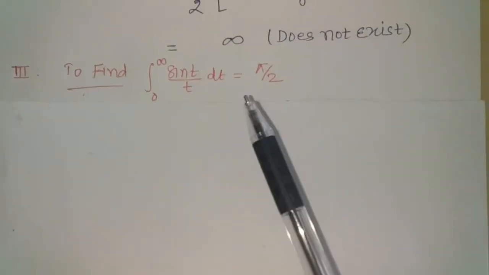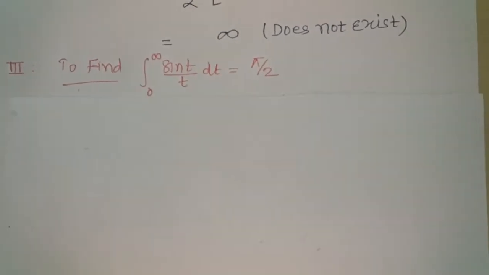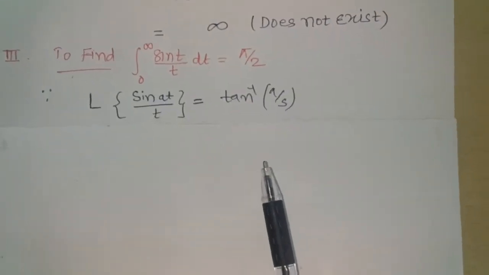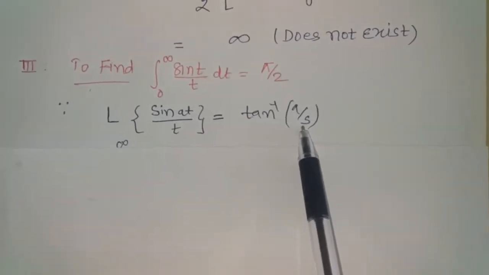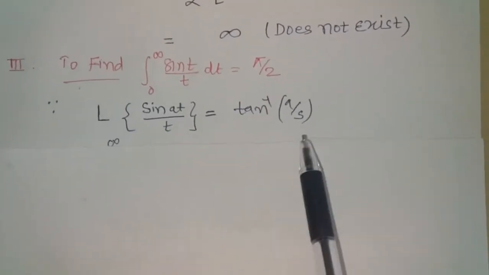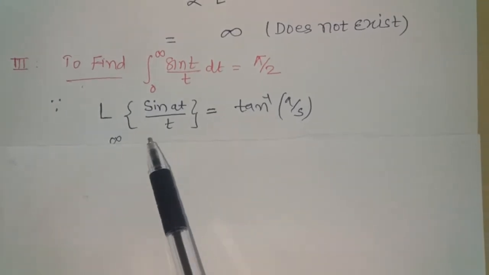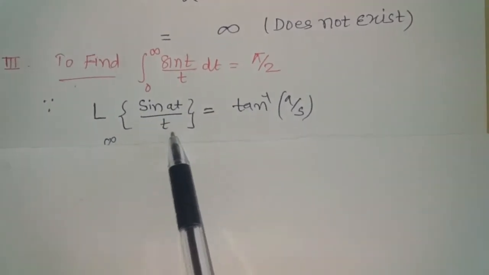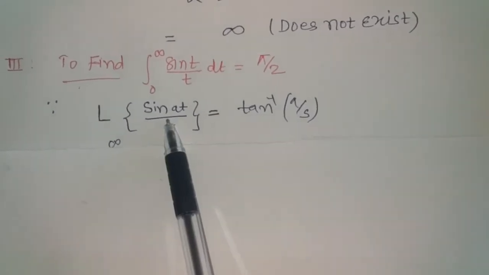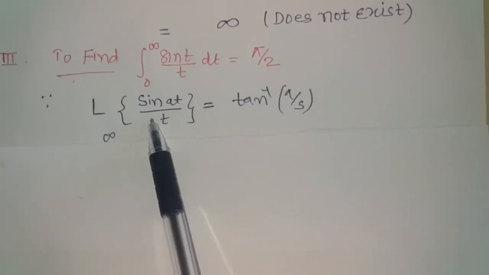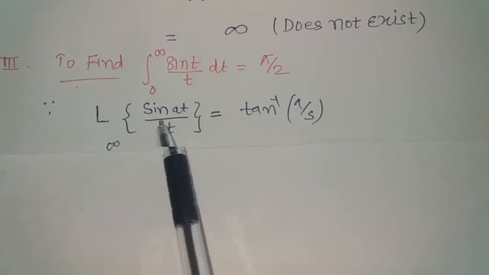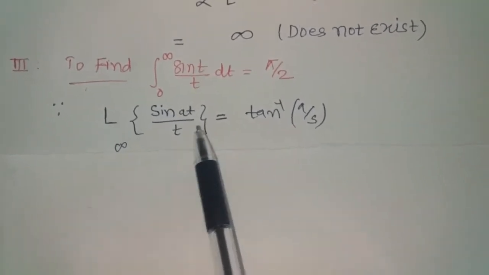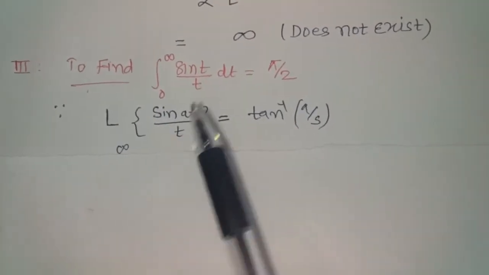By the technique of Laplace transform. First we have the Laplace transform of sin at by t is tan inverse a by s, from the first part of this question. Now if this function is f(t), then the Laplace transform of f(t) is given by the integral from 0 to infinity of e raised to minus st f(t) dt, the standard definition of Laplace transform.